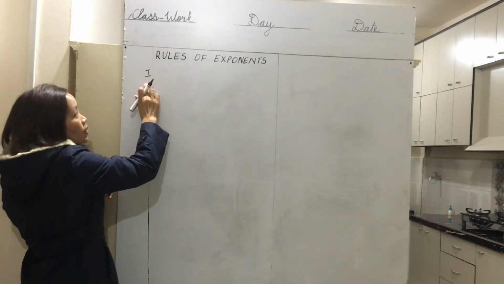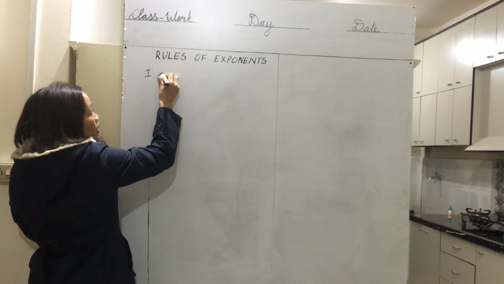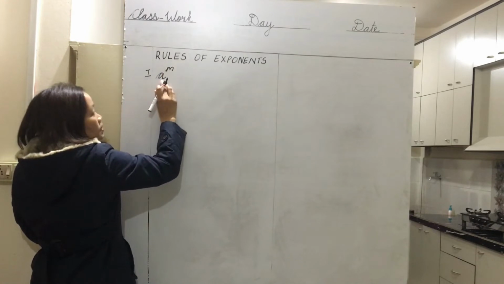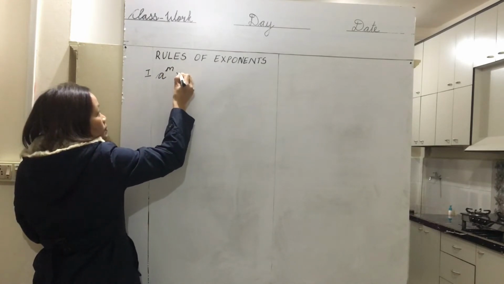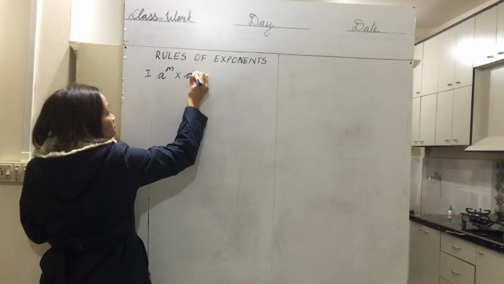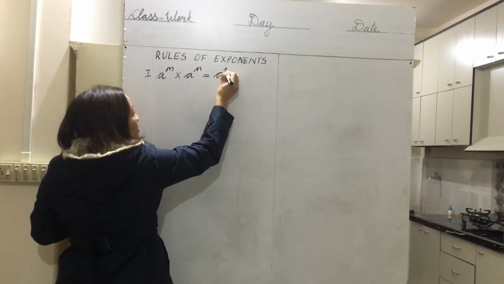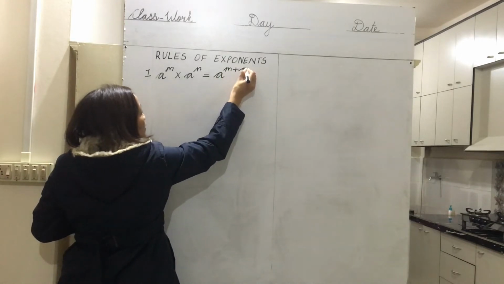The rule number 1 will be a to the power m. When we read this, a to the power m multiplied by a to the power n equal to a to the power m plus n.